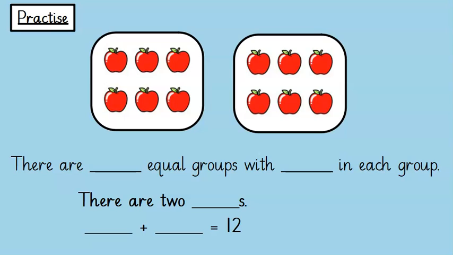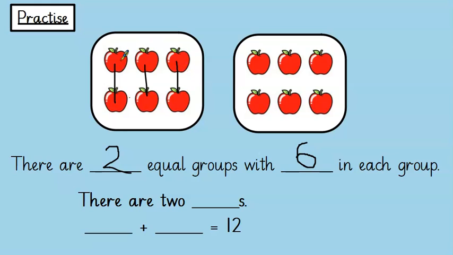There are 2 groups, aren't there? Again, 1, 2. There are 2 equal groups with 2, 4, 6, with 6 in each group. That means that there are 2 what?